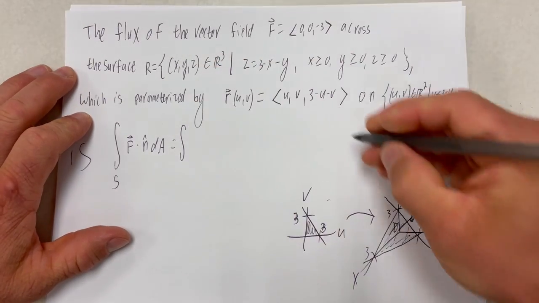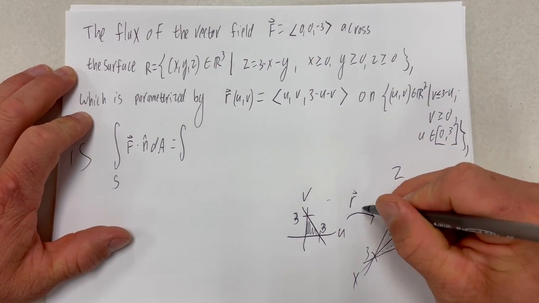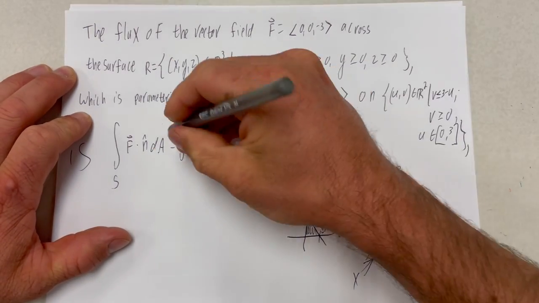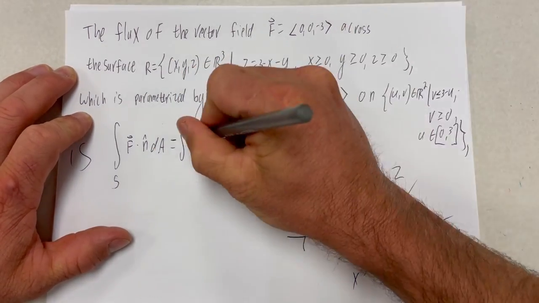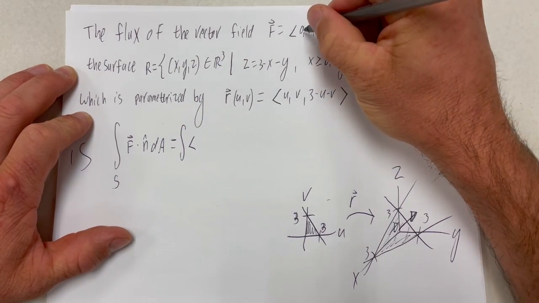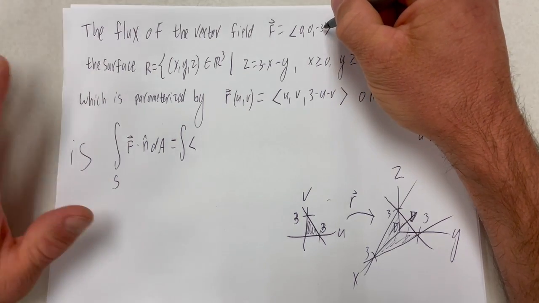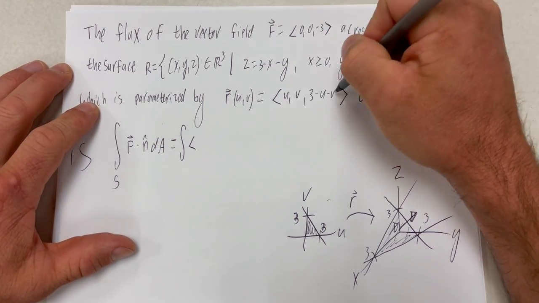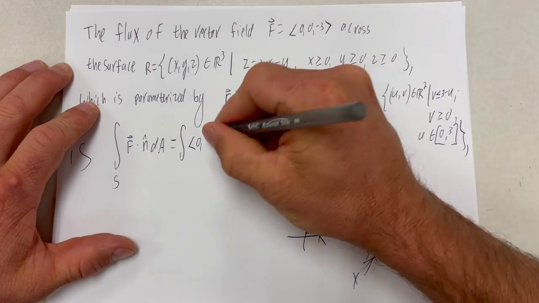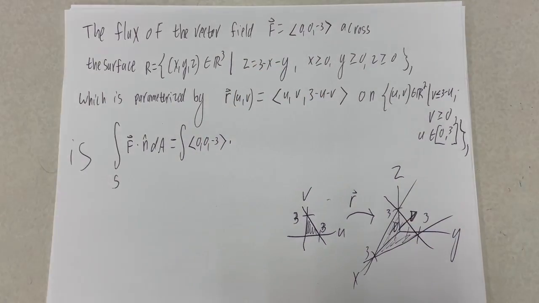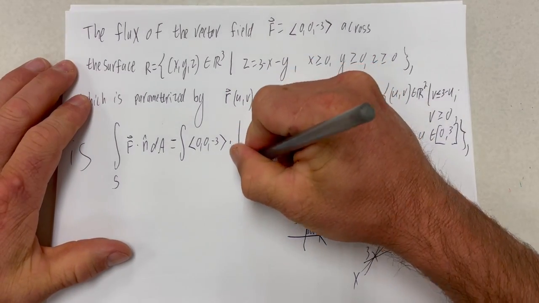Okay, so pulling back across this parameterization of the surface from an integral in x and y over to an integral in u and v, I replace the components of F. Anywhere that there's x, y's, or z's, I replace with these components, but there are none. This is a constant vector field. And now I'll calculate that normal vector.